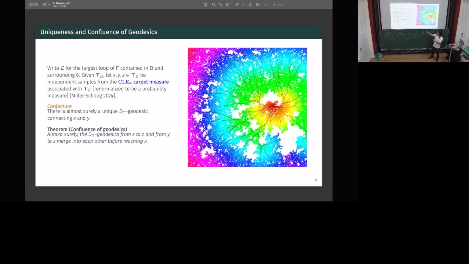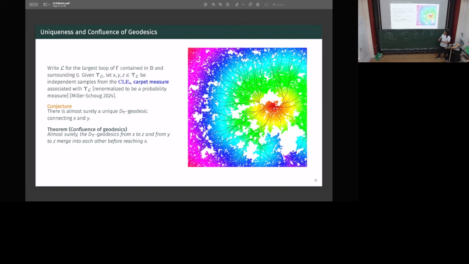Because now, if we don't know this conjecture, we can only prove this theorem for the leftmost geodesics. So there's a theorem here. If we consider leftmost geodesics from x to z and also y to z, we can show that they must merge before reaching z.